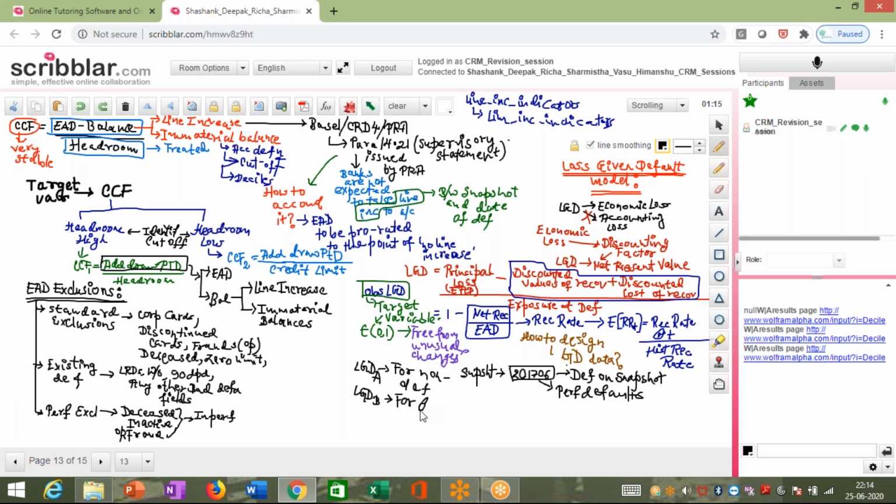Now observe one thing, that as I talk about the discounted factor of recovery, I'm talking about the discounted cost of recovery. One of the most important questions that comes out is that when I talk about the discounted values of the recovery and cost, the first thing that I need to capture over here is cumulative recovery.